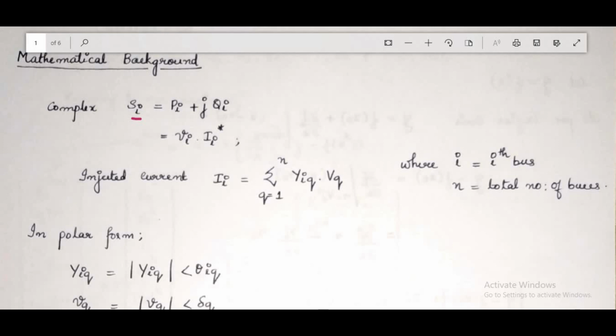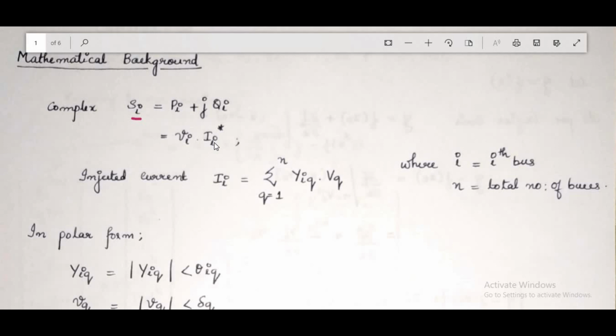Pi means active power of ith bus and Qi means reactive power of ith bus. We have also seen that the complex power is equal to Vi into Ii conjugate, which means the complex power of ith bus is the product of voltage of that particular bus and the conjugate of current of that particular bus.